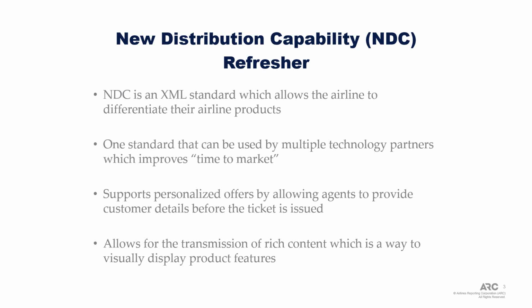It also supports personalized offers by allowing agents to provide customer details before the ticket is issued, and of course allows for the transmission of rich content, which is a way to visually display product features. So that is just a very high-level refresher on NDC.